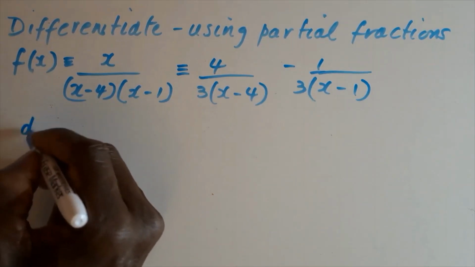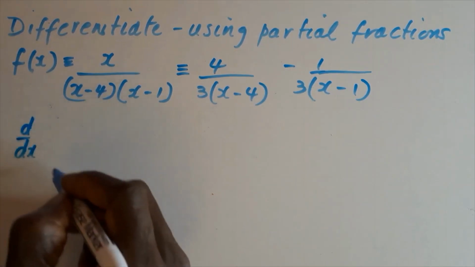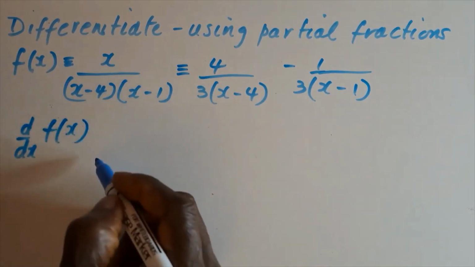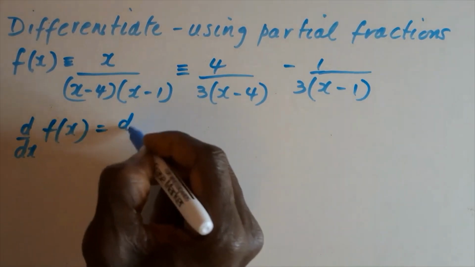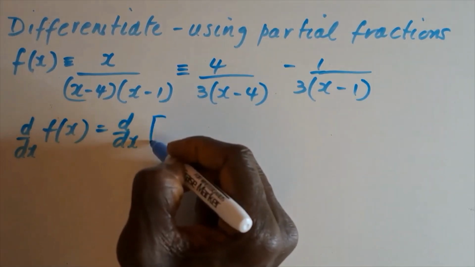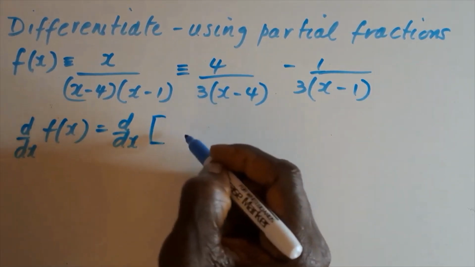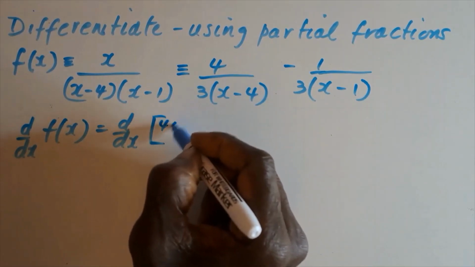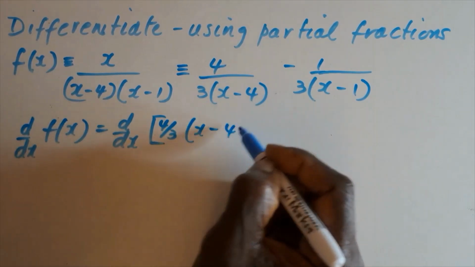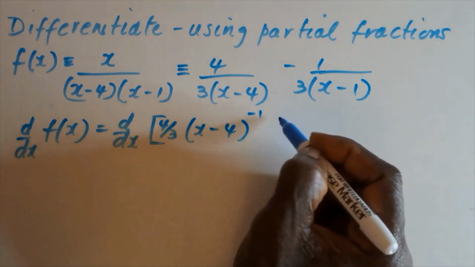So we have the operator of differentiation on f of x that's equal to d dx. First, 4 over 3 x minus 4 to the minus 1.